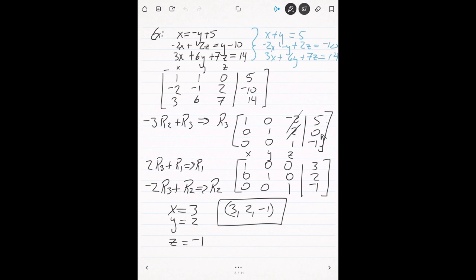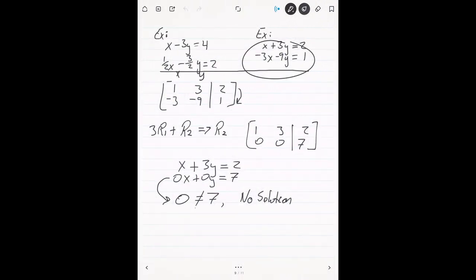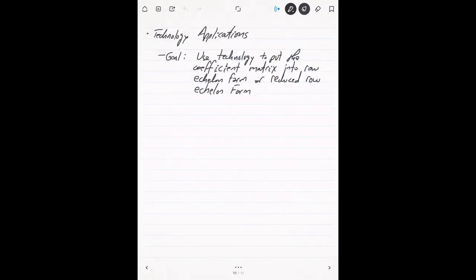What I'm going to tell you now is what most students get mad at me about. And that is, we can actually use technology to help us out. We can use technology like a TI-84 or some type of graphing calculator to basically take our coefficient matrix, the thing that we want in this reduced row echelon form, and it will put it in that form for us.